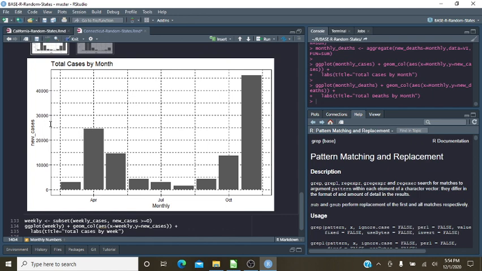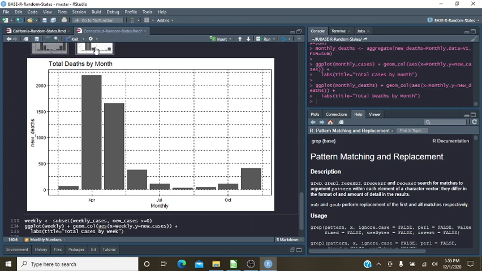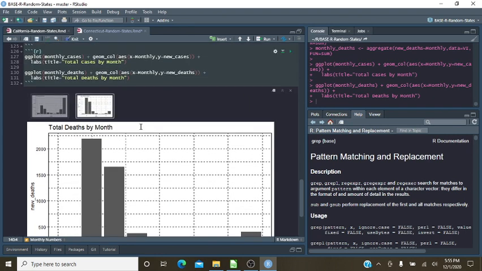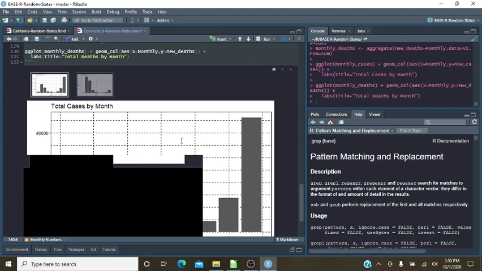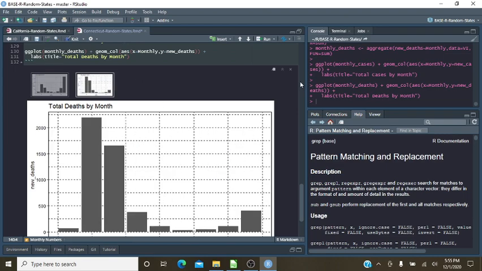This is 20, so this is well, 25,000 here. Cases back in April, but over 50,000 cases so far in November. Look at deaths. Look at the difference between the deaths back in April and May and all these deaths along in here. Interesting, huh?